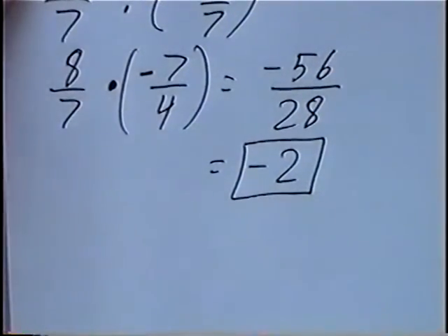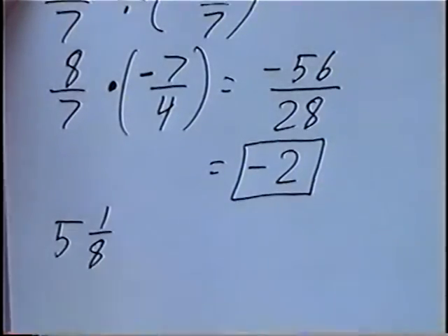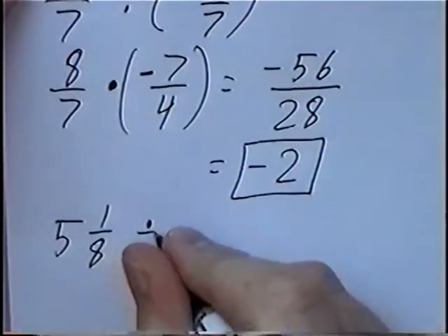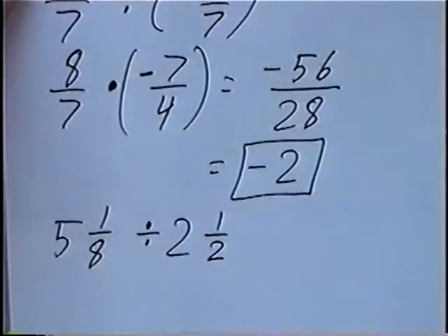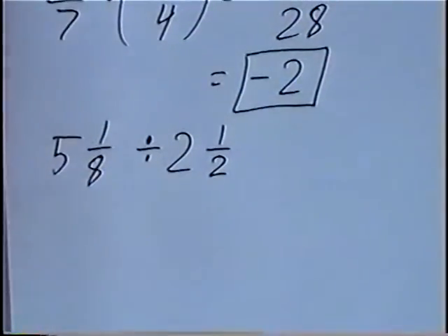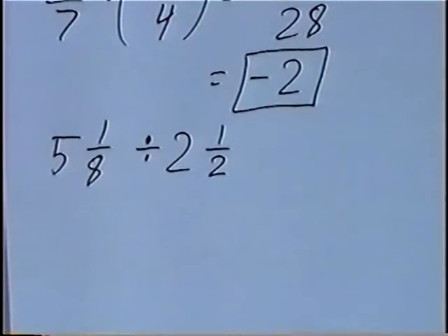Next question, we'll have a mixed number, 5 and 1/8, divided by 2 and 1/2. Mixed numbers again, from previous sections, we can change into one fraction or an improper fraction.